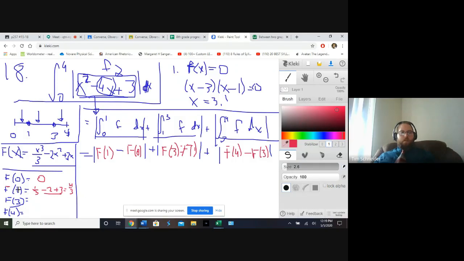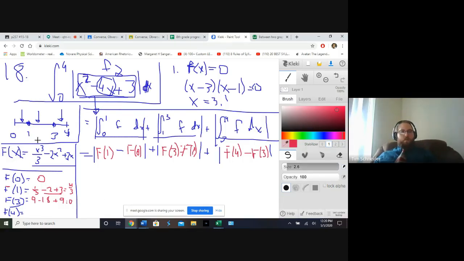Okay. And then if you plug in 3, well, you'll get 27 over 3, in other words, 9, minus, well, this is 9 times 2, so 18, plus 3 times 3 is 9. So you have 9 plus 9, which is 18, minus 18, which is also 0. Well, that makes this a lot easier, doesn't it?